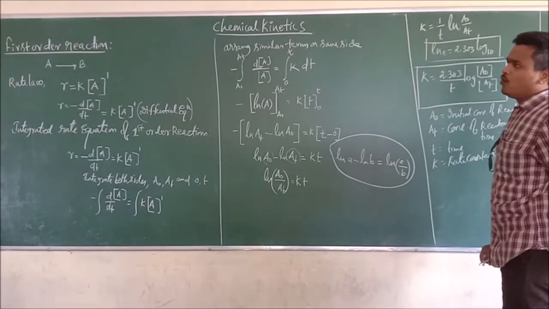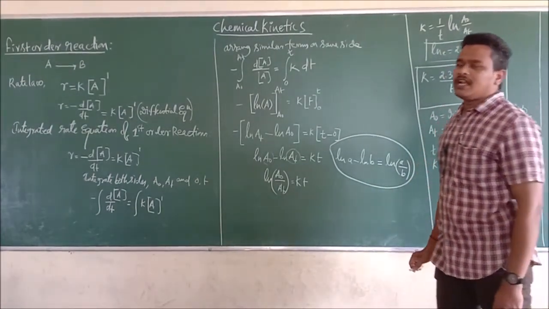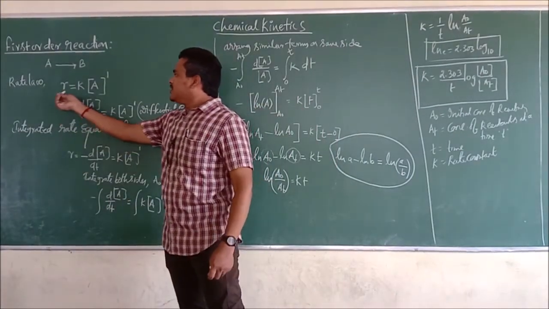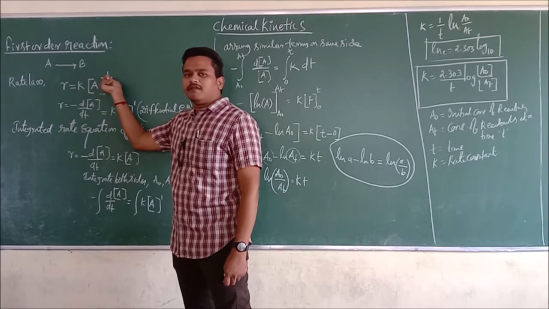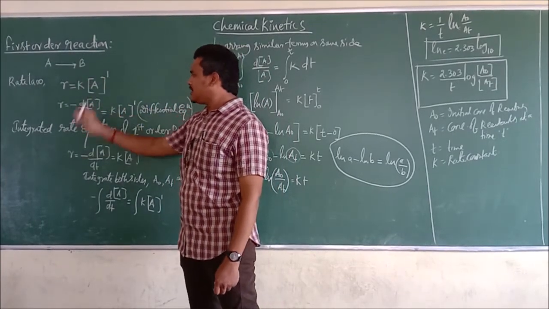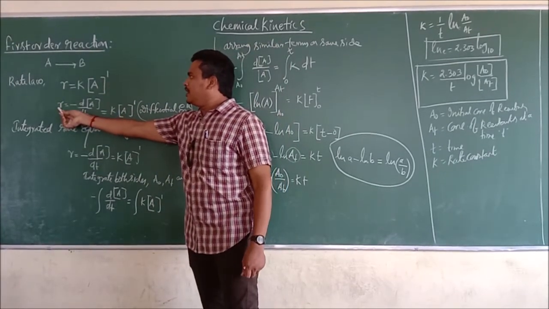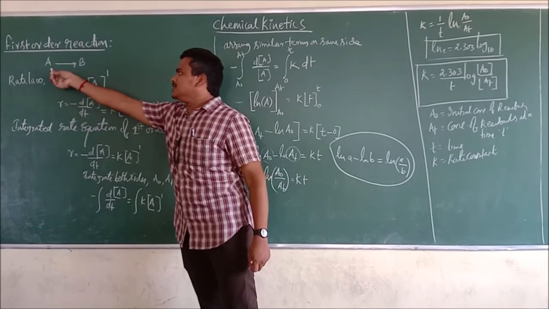We are discussing the first order equation. First order means the reactions for which rate is directly proportional to the first power of the concentration of reactants is called a first order reaction. Rate is equal to, in terms of reactant, minus dA by dt. Why minus? Because it is decreasing.